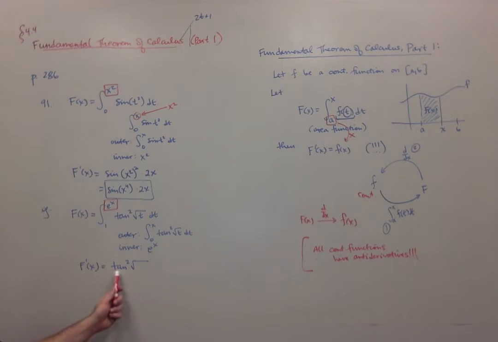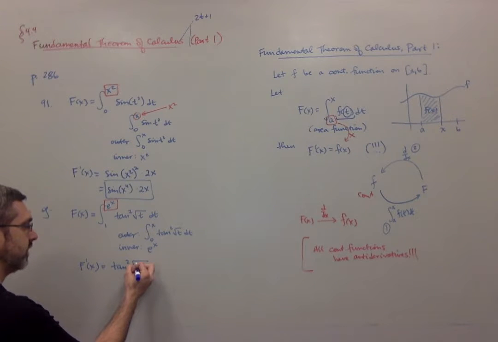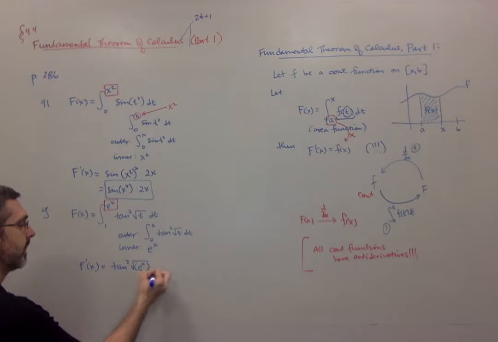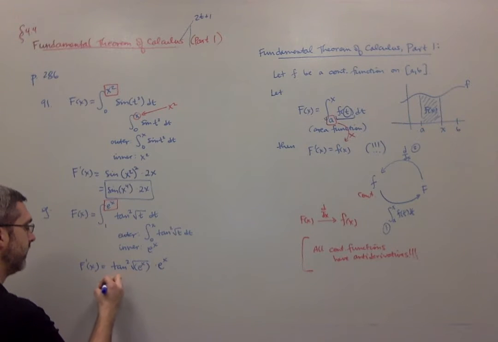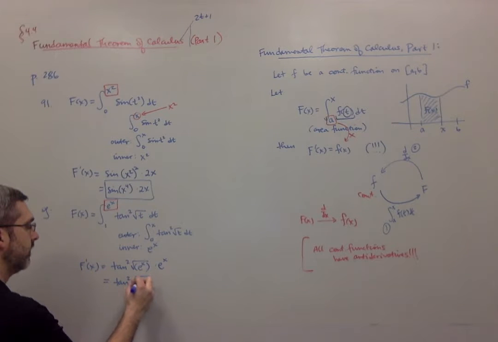So I would write tangent squared of square root of x, but I'm doing the chain rule, so I'm going to write parentheses there. Then I plug in the inner, and I multiply by the derivative of the inner. In other words, it's tangent squared of the square root of e to the x times e to the x. That's my answer.